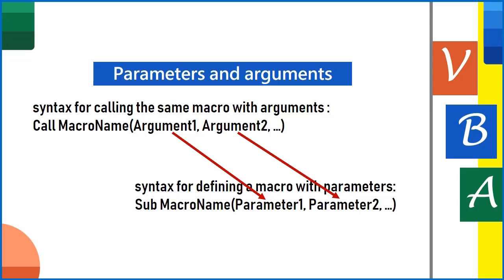The Call keyword is used before the macro name, followed by parentheses enclosing the arguments, which are separated by commas. This syntax ensures that the correct values are passed to the corresponding parameters in the macro. In summary, parameters are used to define what kind of data a subroutine expects to receive, and arguments are the actual data you pass to the subroutine when you call it.